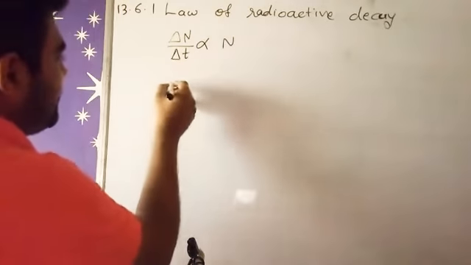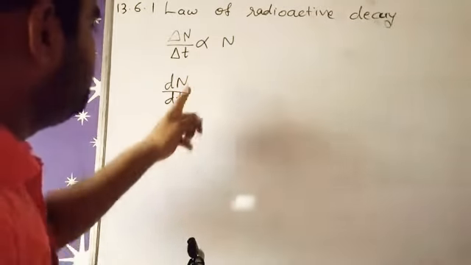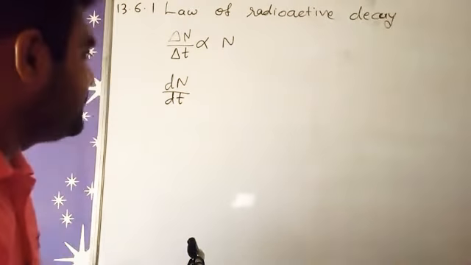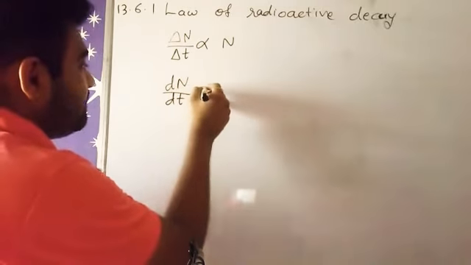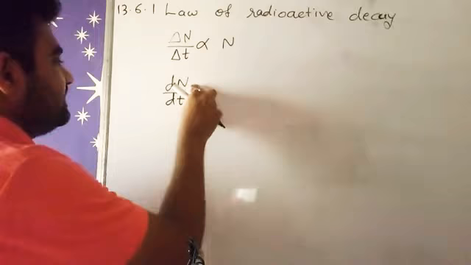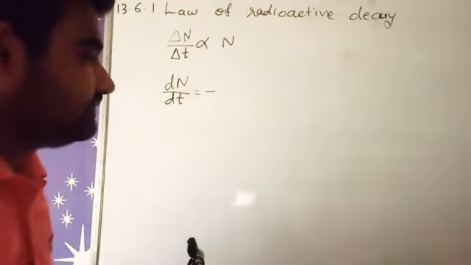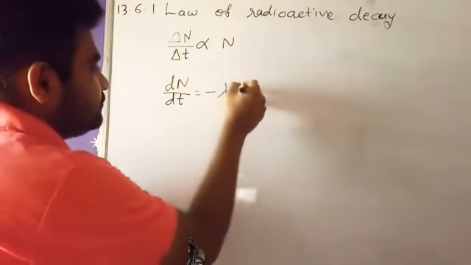Now in this formula we can write dN by dt, because N is differentiated with respect to time. So we can write dN by dt proportional to, but if I remove the proportionality sign, then there will be an equal sign and a negative sign. Why does the negative sign come into this equation?